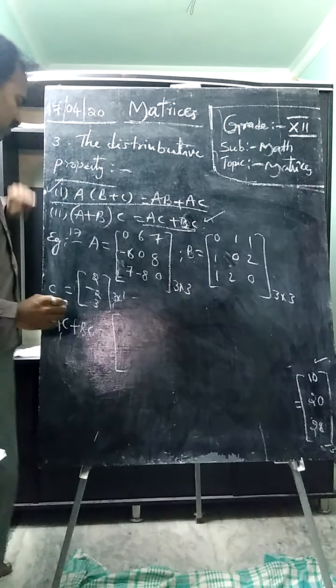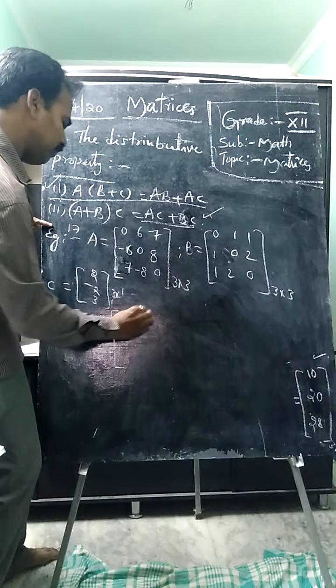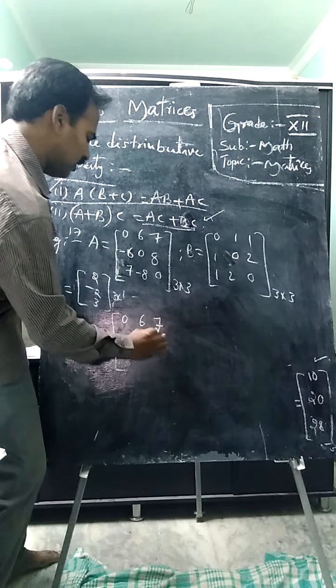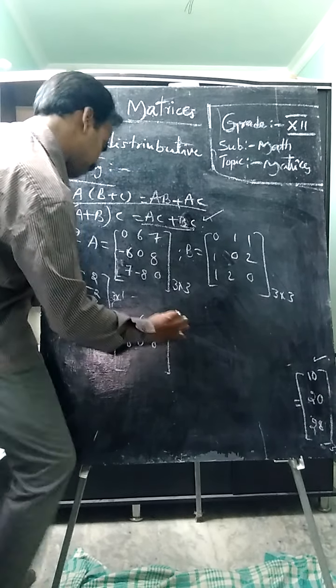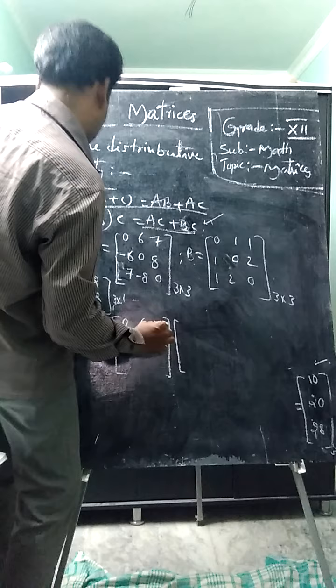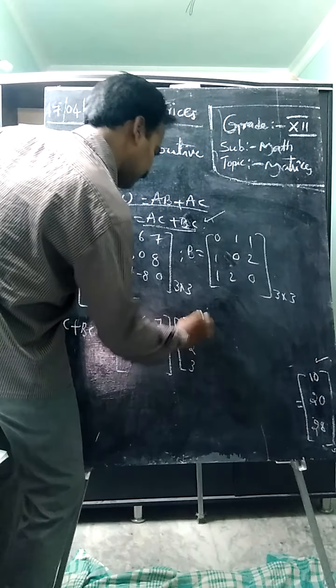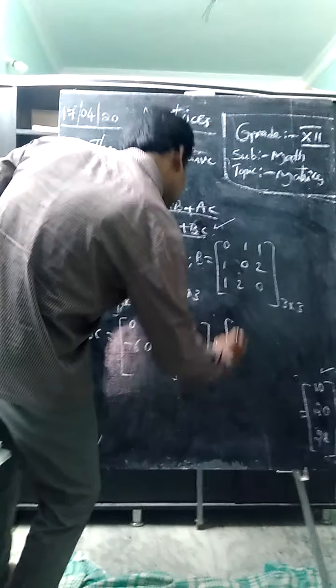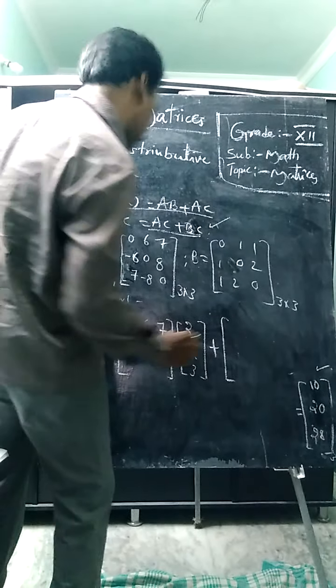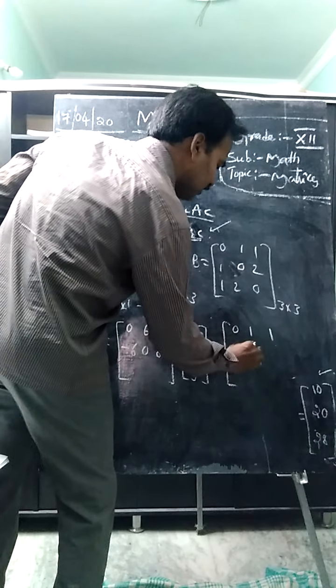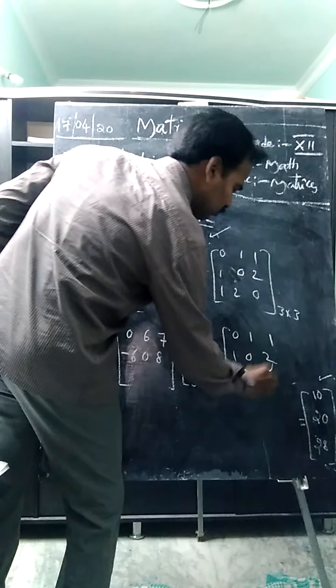A matrix is defined as 0, 6, 7, minus 6, 0, 8. Again C matrix, friends, is defined as 2, minus 2, 3, plus B is, friends, 0, 1, 1, 1, 0, 2, 1, 2, 0.